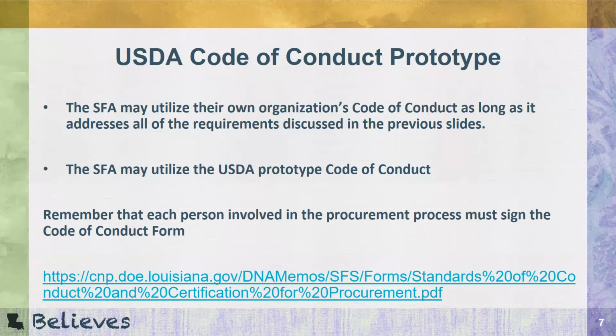So like we said, you can use your own organization's code of conduct as long as it addresses all of the requirements that we discussed. But you also can use the one that we provided for you, which is the USDA code of conduct.